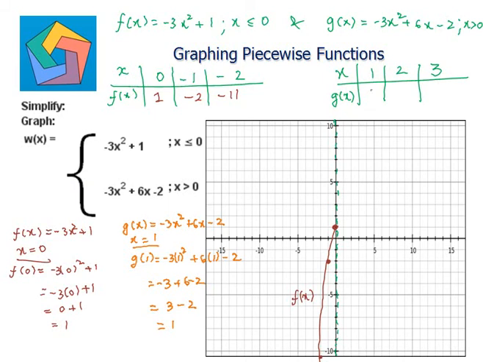So at 1 it will be 1, at 2 it will be minus 2, and at 3 it will be minus 11. Let me find what it will be at 0. g of 0 will be negative 3 times 0 squared plus 6 times 0 minus 2, which will be minus 2. So I can make a hole here. 1 comma 1, 2 comma negative 2, and 3 comma negative 11.